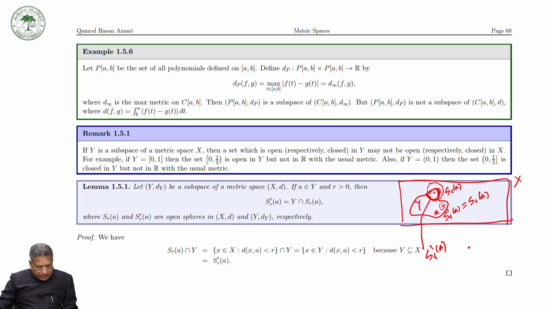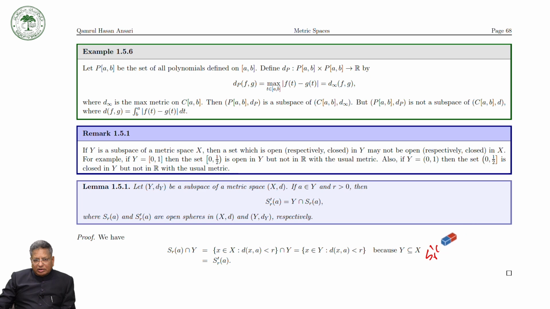Okay, so this way we can calculate, or we can draw the ball with respect to the metric in the subspace Y, dy. Now this is the main key basically in this subsection.